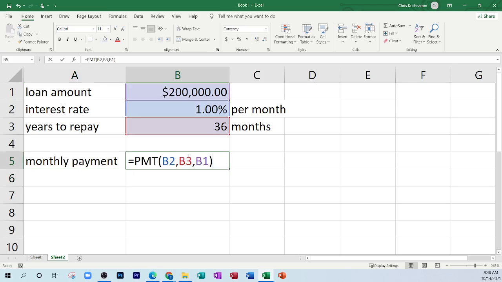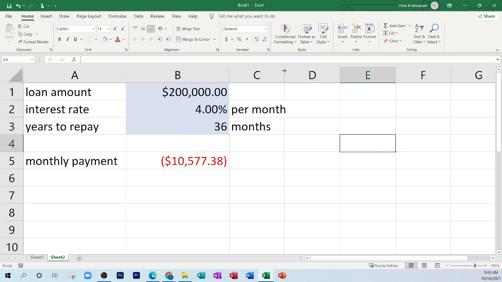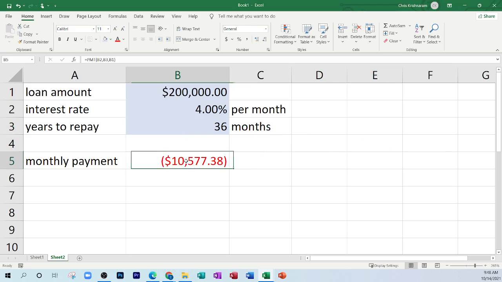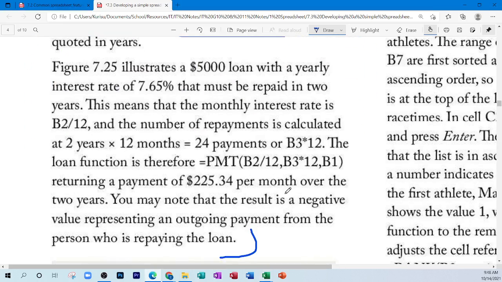So notice, this case here, we don't need to do any conversion because all the information is already in the months. So it's like if we're doing maths right now. And PMT works like that. Great. So that's it for PMT.